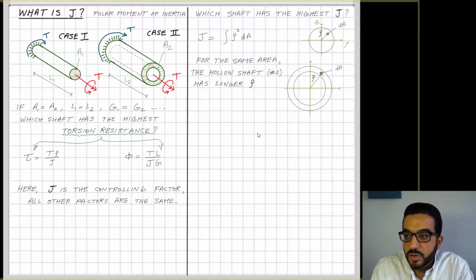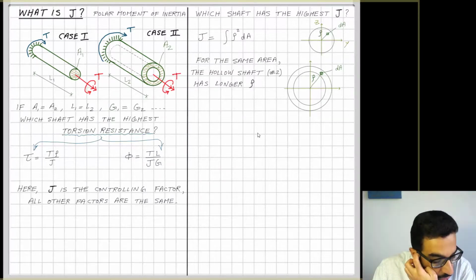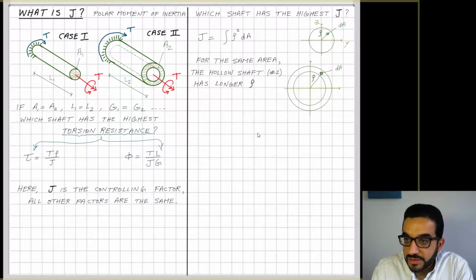That results in generally longer rho distances when you do the integration. So the second case, the hollow shaft, will have the larger polar moment of inertia.